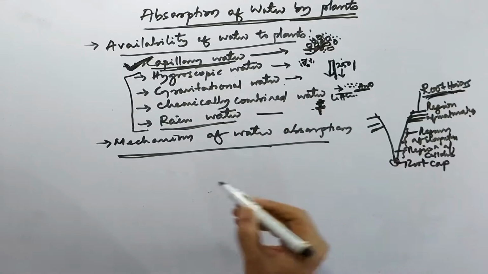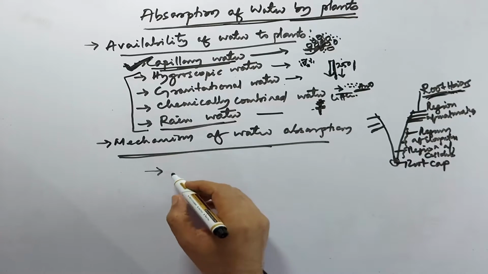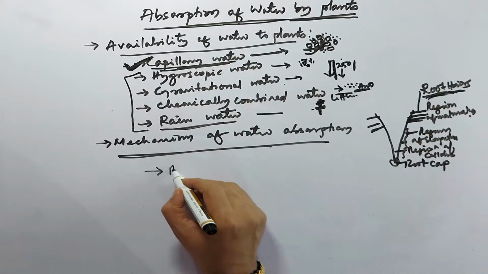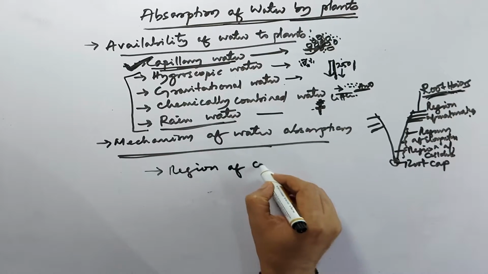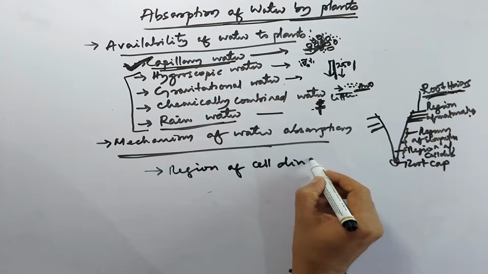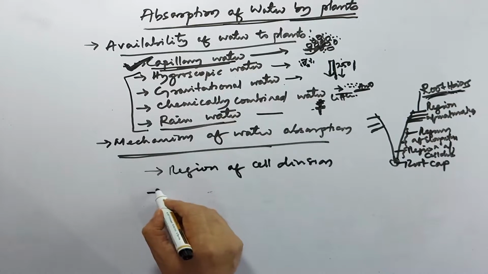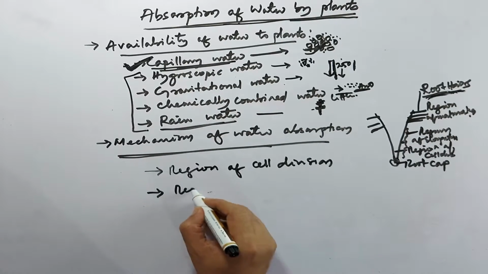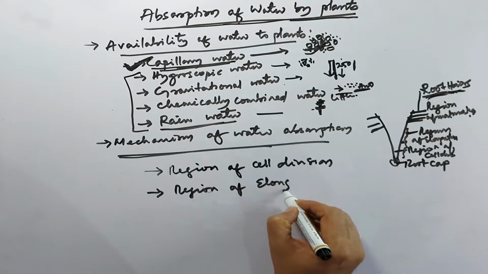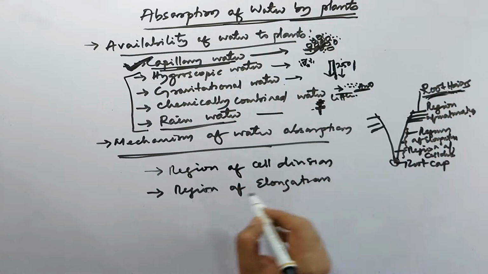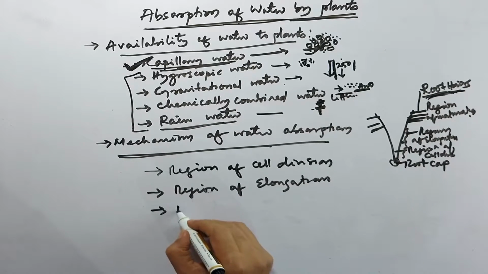So basically we find three regions: region of cell division, region of elongation, and region of maturation.